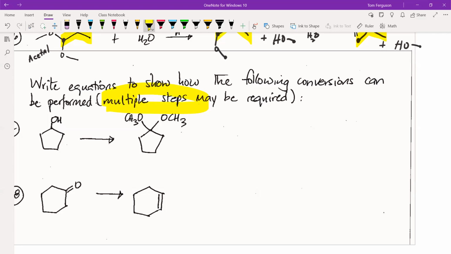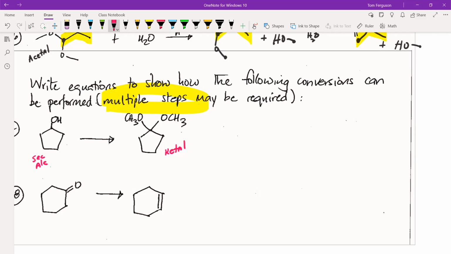Sometimes we get into situations where one step is not enough, where you have a multi-step synthesis. Okay, so what do we have here? We're starting with a secondary alcohol, and we're ending with a ketal. So a ketal comes not from an alcohol, it comes from a ketone.